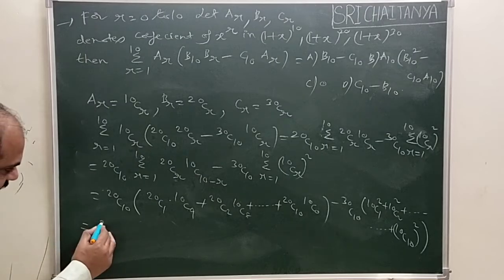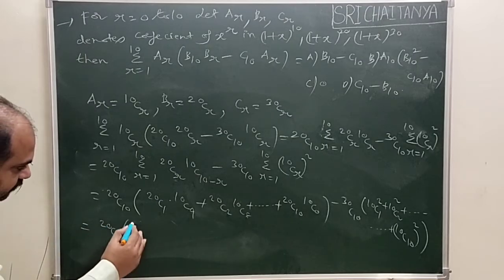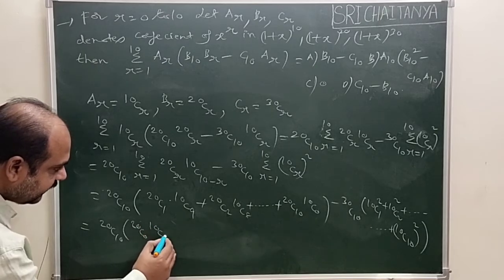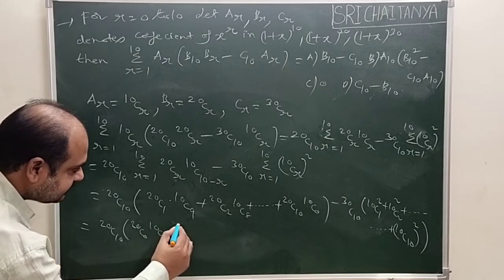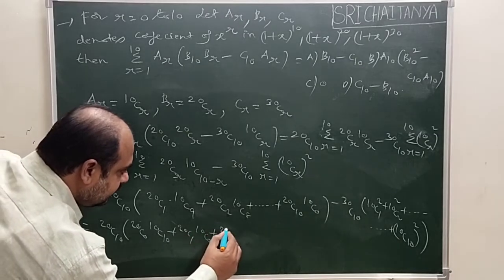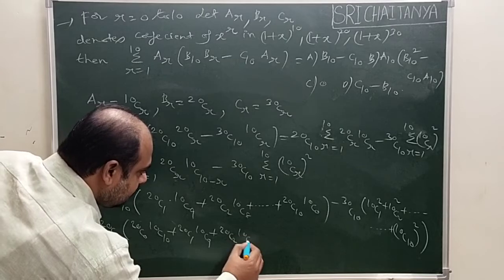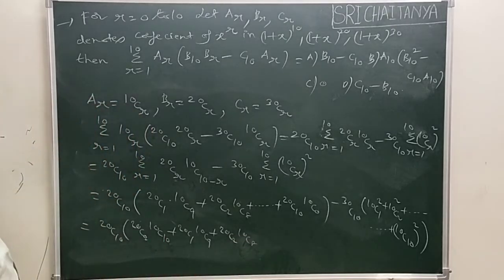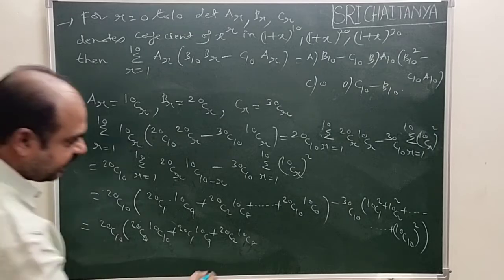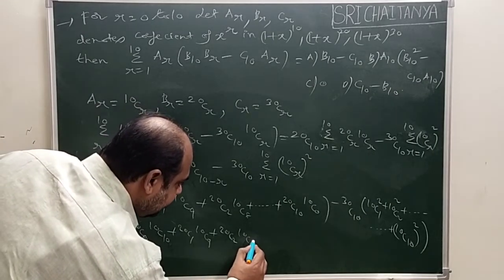I am adding that and removing it. This also must be there: 20C0 into 10C10 plus 20C1 into 10C9, and so on. This is the coefficient of x to the power 0 and the coefficient of x to the power 10. That is missing, so add and delete.